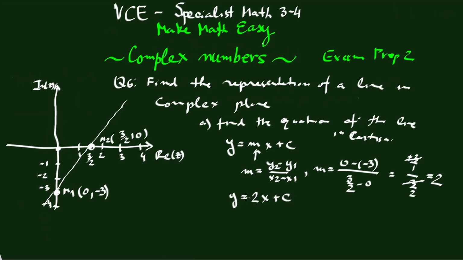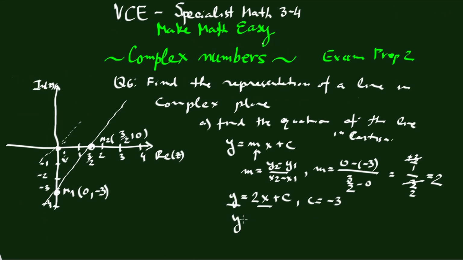What's our c? That's what the line goes up or down by. In this case, y equals x would be a line passing through the origin. But this one is going to move down by 1, 2, 3. So c is -3.